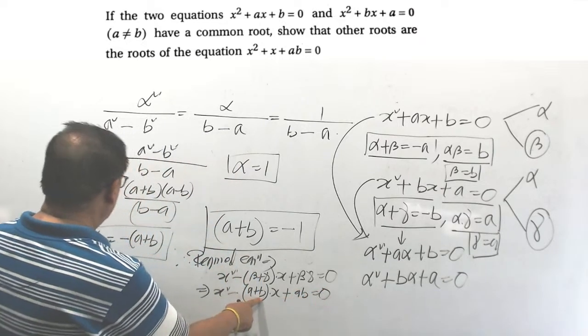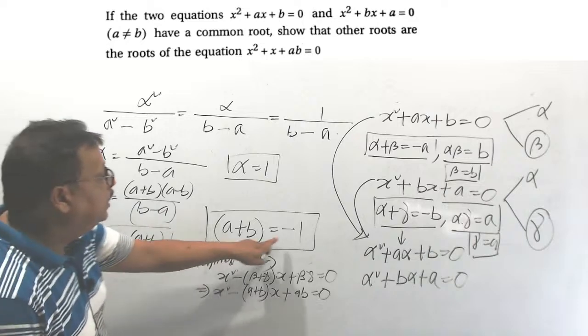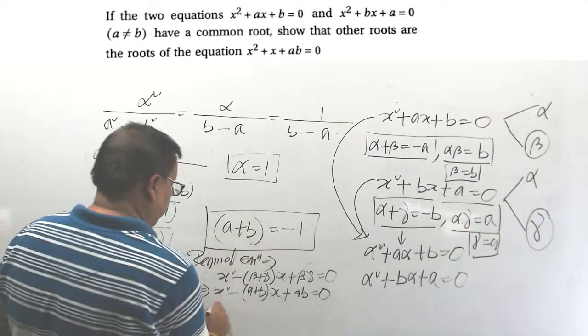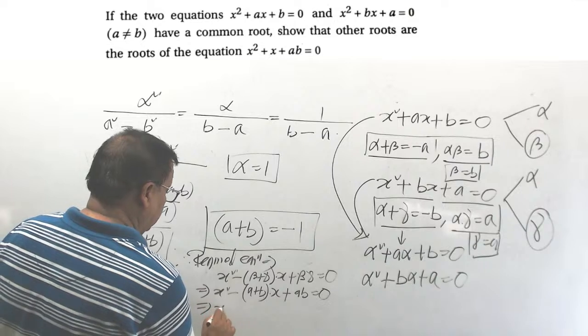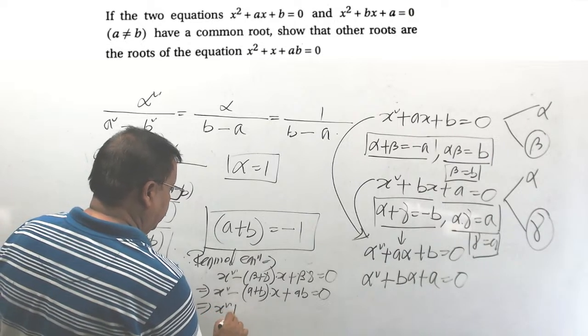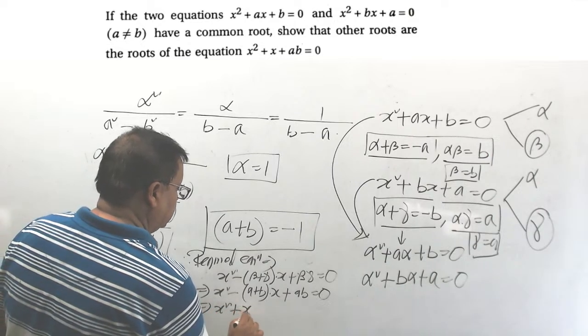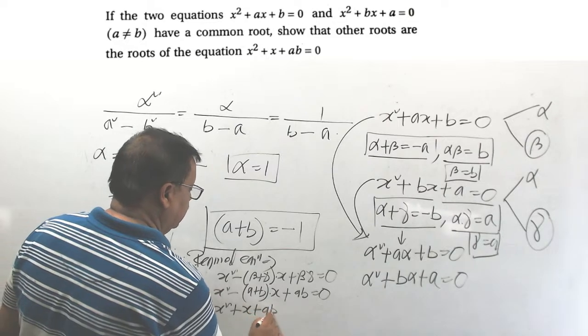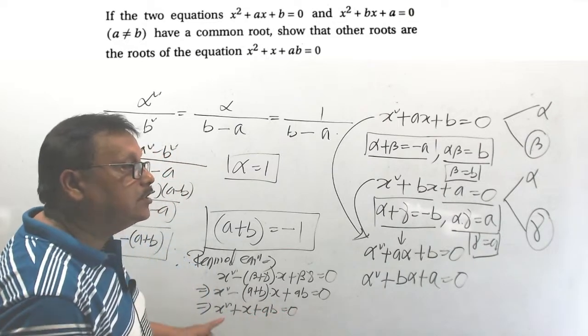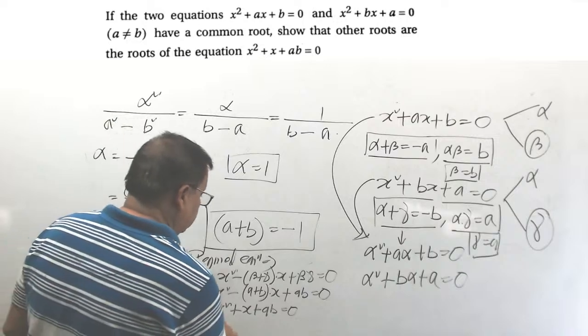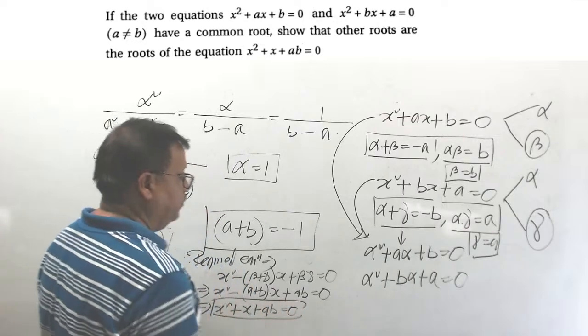Now what is the value of a plus b? Minus 1. This implies x square plus x plus ab is equal to 0. Check: x square plus, yes. So this is the required equation, hence proved.